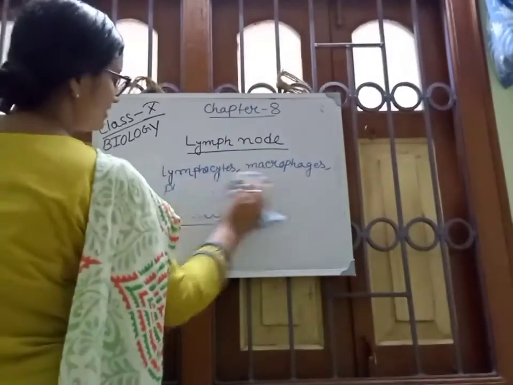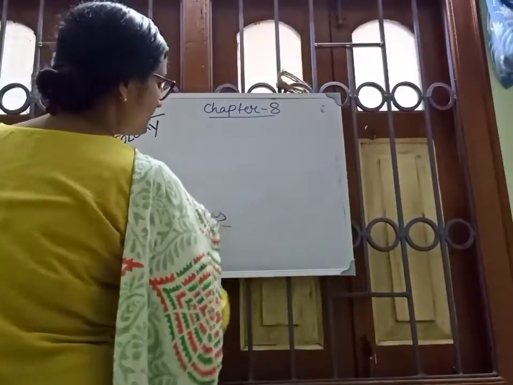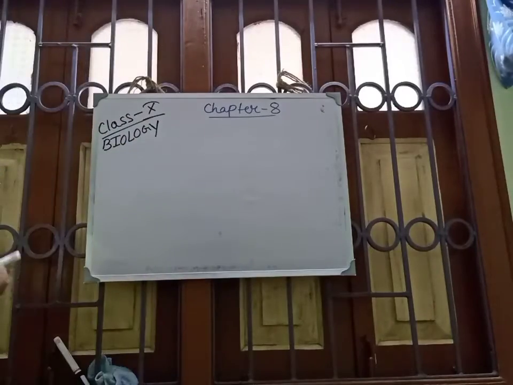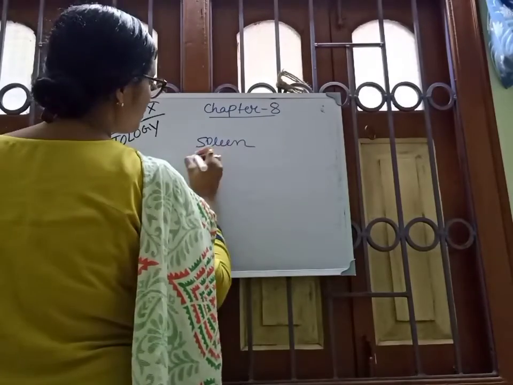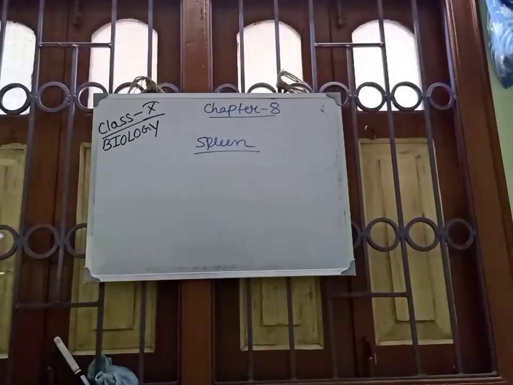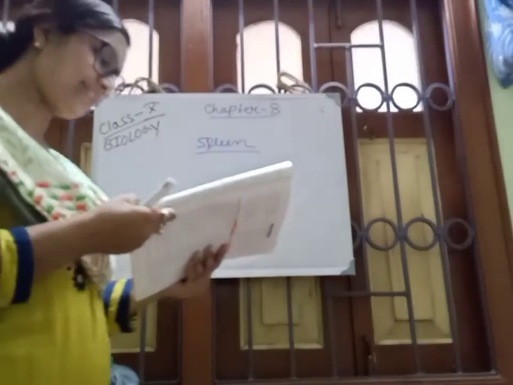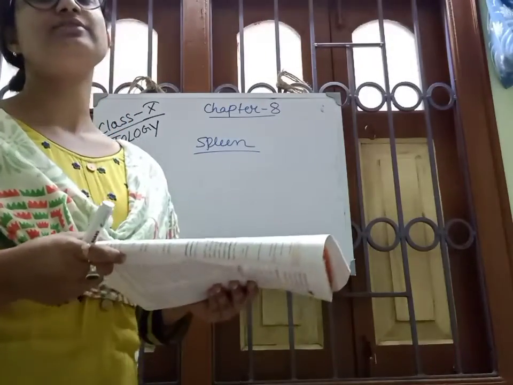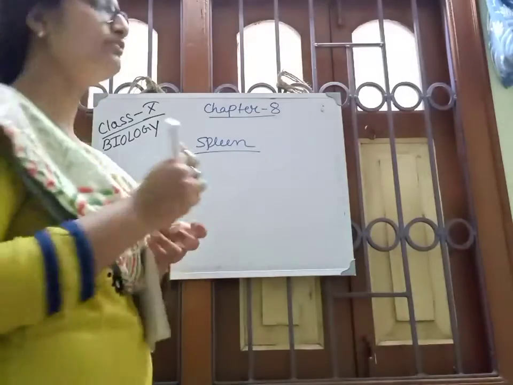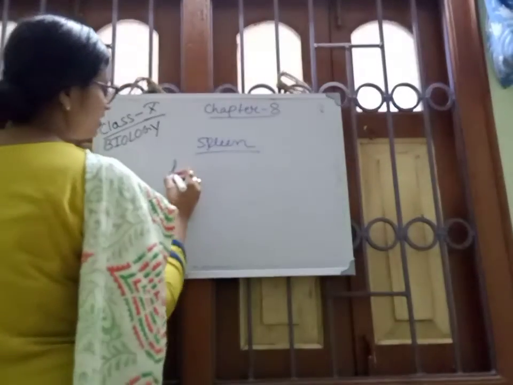What is the spleen and where is it located? The spleen is the largest mass of lymphatic tissue found in our body.